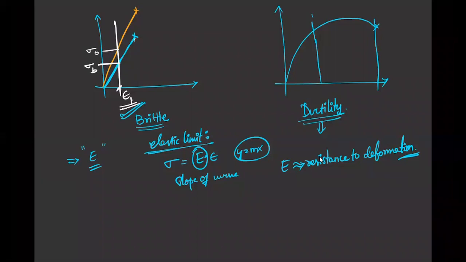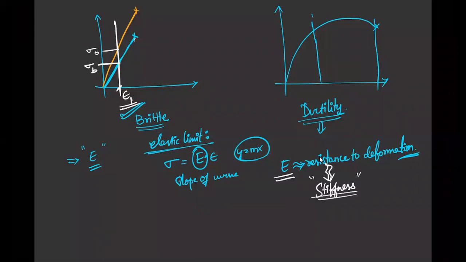That means if you have more slope, obviously you will have more Young's modulus. If you have more Young's modulus, you will see more stress required even to produce less strain. So this is an important parameter. Young's modulus or modulus of elasticity tells us about the resistance to deformation, which is nothing but the stiffness or rigidity.